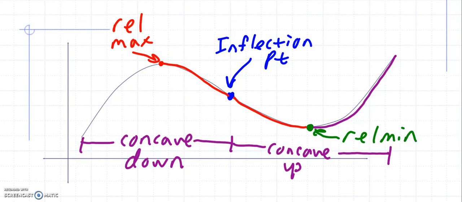And then the function is increasing again over here. So that would be our increasing and decreasing intervals. Okay, so those are the things we want to look for in a graph, and those are the things we're talking about when we're using increasing and decreasing intervals to determine a relative maximum or minimum, or using concavity to determine an inflection point.